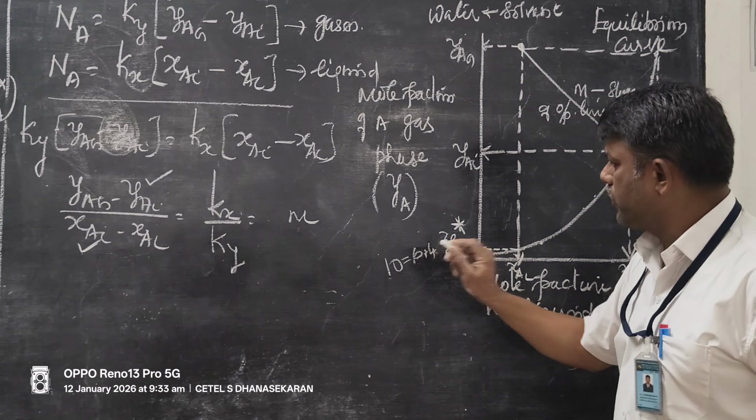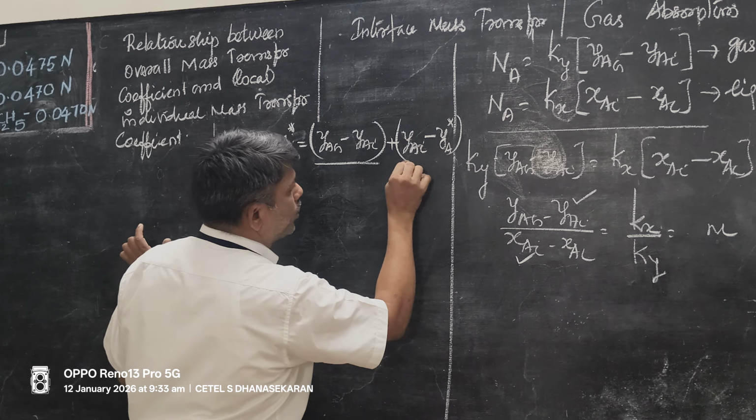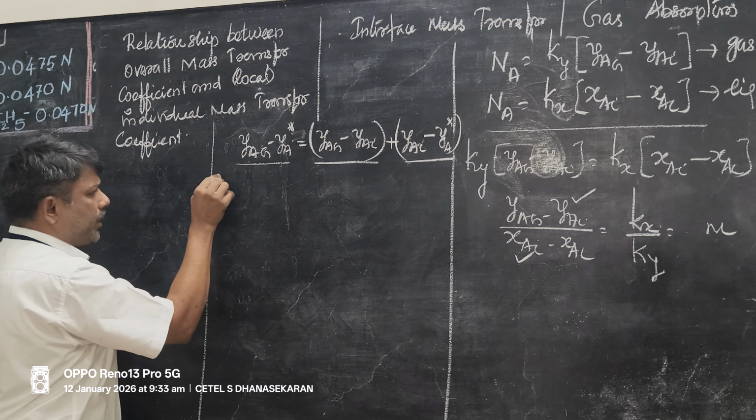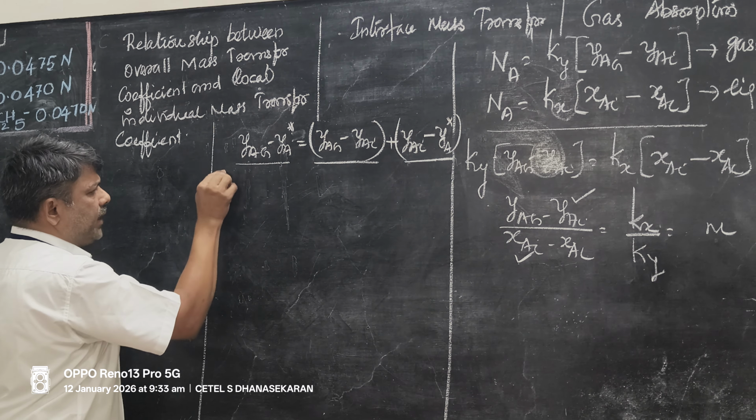yAG to yA star, yAG to yAI, yAI to yA star. For yAG to yA star, we can write the flux equation for this segment: NA is equal to capital K suffix y into yAG minus yA star.